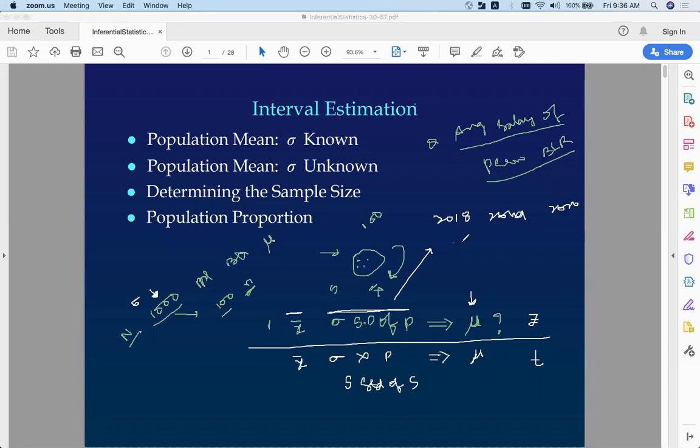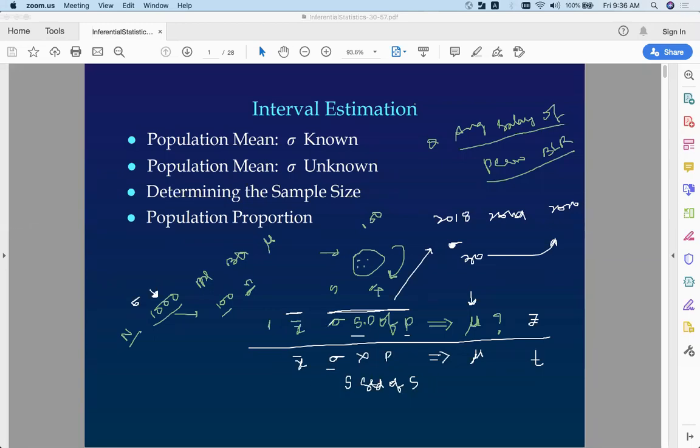Let's say the standard deviation of salary in 2018 was 30. You can use that here as your previous value or as a rough estimate. That is one way of saying that I already know the standard deviation of the population. No Mani, in real life, most of the time you will not know sigma. Then what are we going to do?